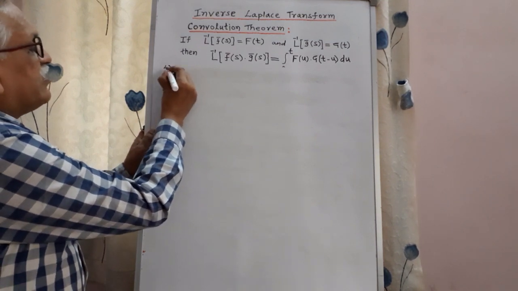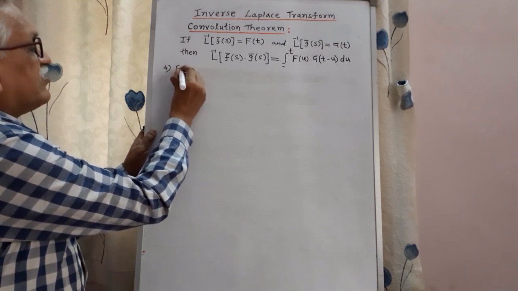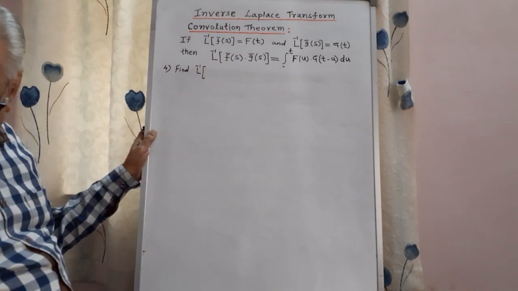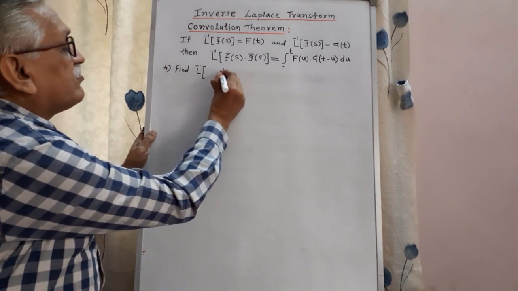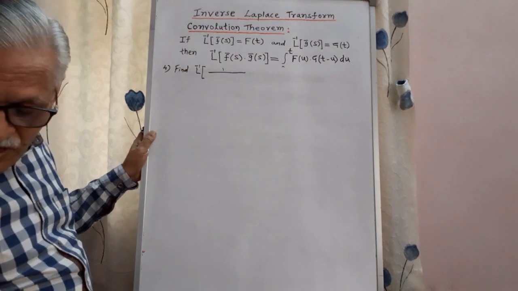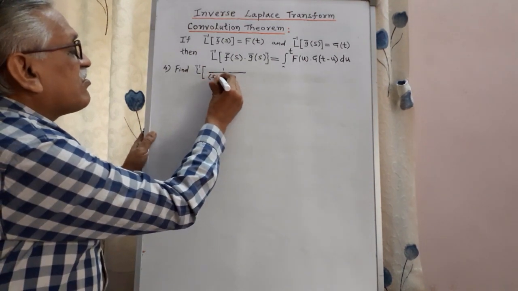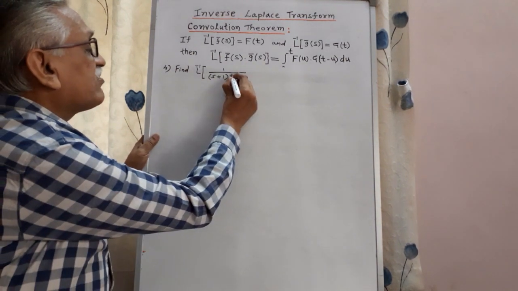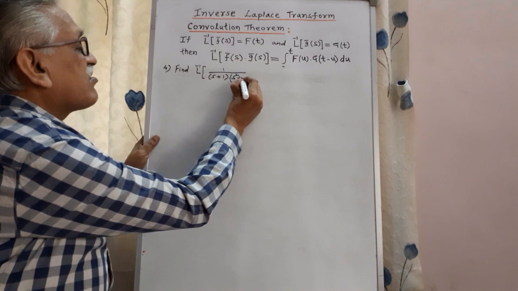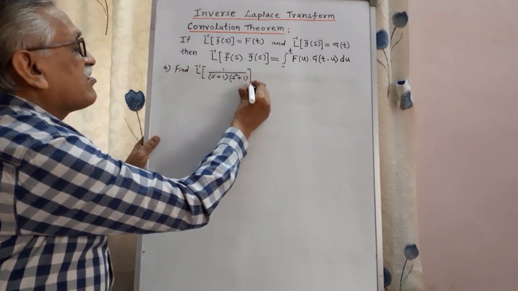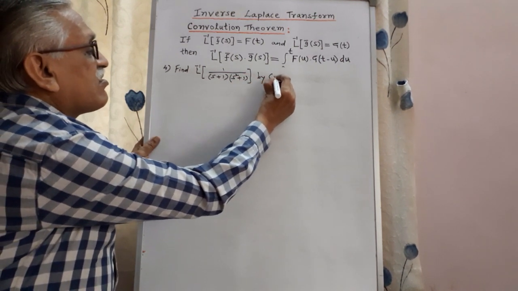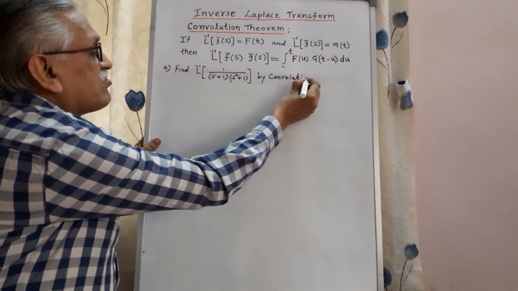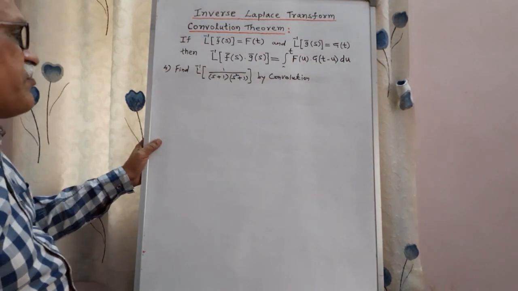Next example, example number 4. Find inverse Laplace of 1 upon s plus 1 and s square plus 1 by convolution theorem.